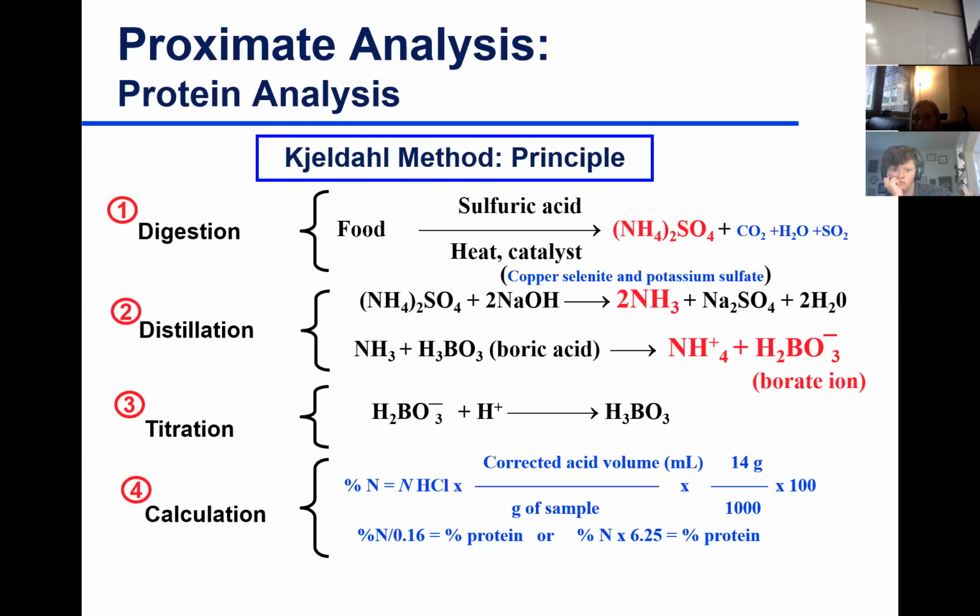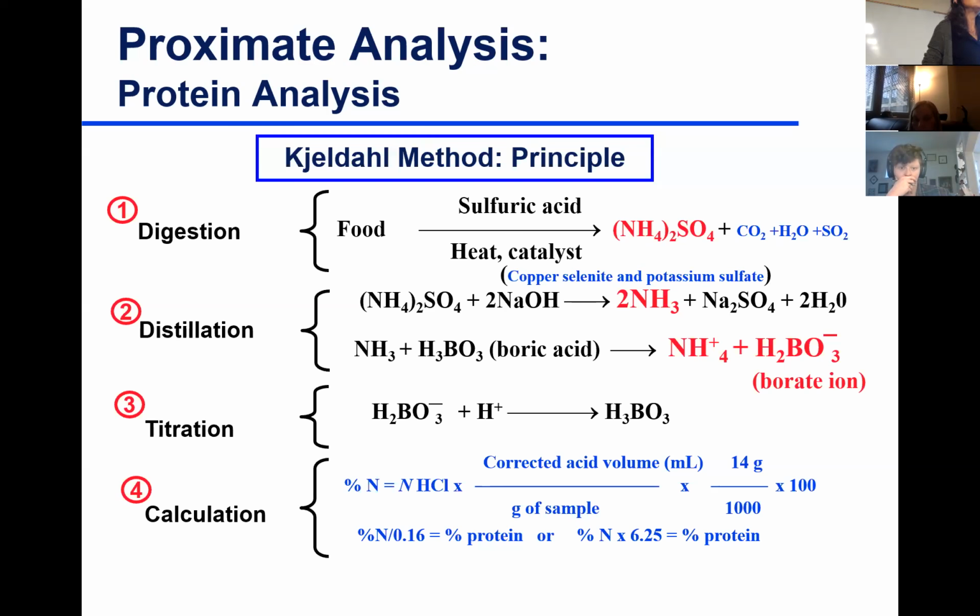So you have your food sample, you add your sulfuric acid, in this case a concentrated sulfuric acid, and you digest. You put it on a heating block and you digest at really high temperatures. With the sample, you add a catalyst. What the catalyst does is speed up the reaction and also increase the boiling point of sulfuric acid.